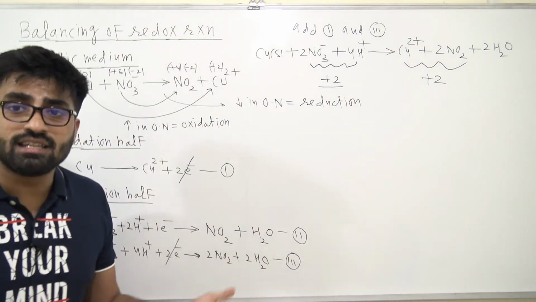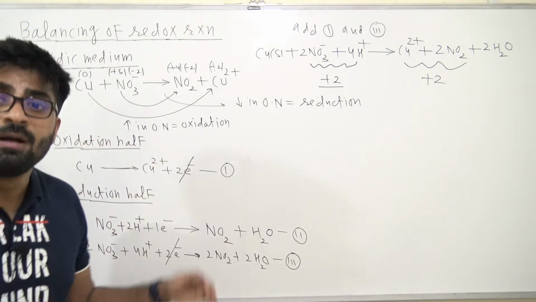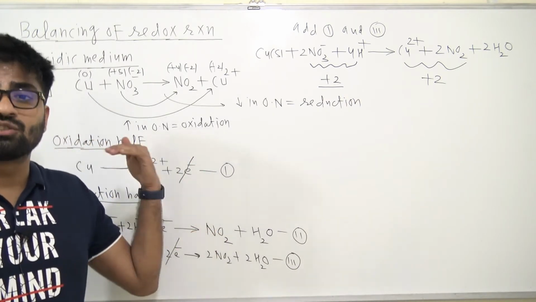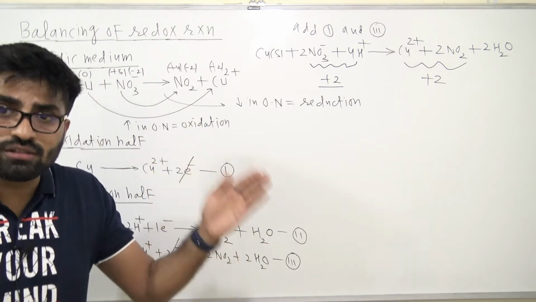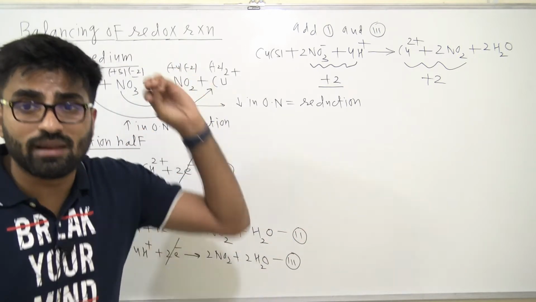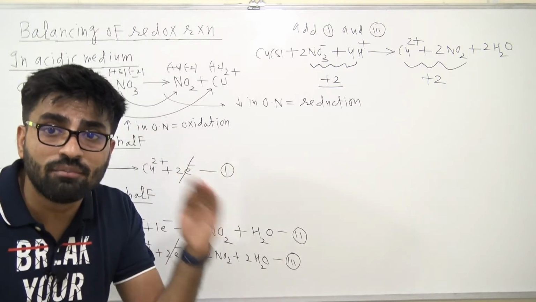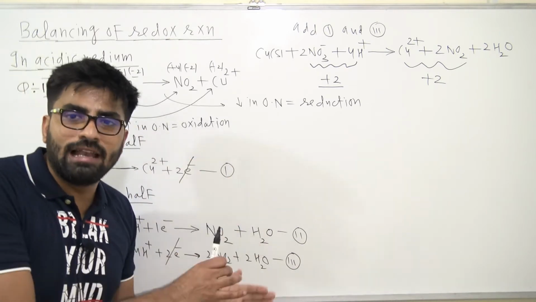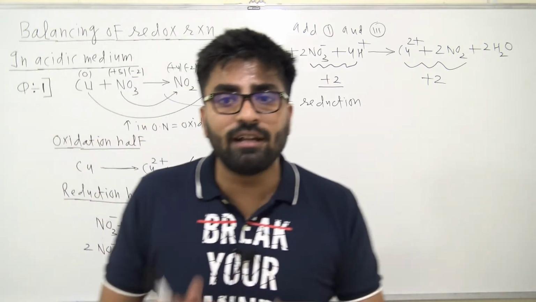First you check oxidation and reduction, then you write the oxidation half and the reduction half. Then in the oxidation half you balance all atoms first except hydrogen and oxygen, and then you balance oxygen and hydrogen. Oxygen is balanced by adding water, hydrogen is balanced by H plus since the medium is acidic, and in the end you balance charge by adding electrons. Now where to add electrons, reactant side or product side? That will be decided by the kind of process it is.